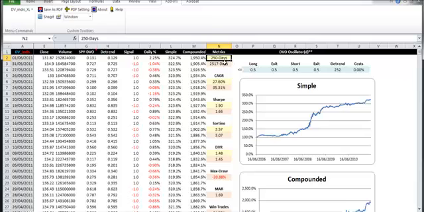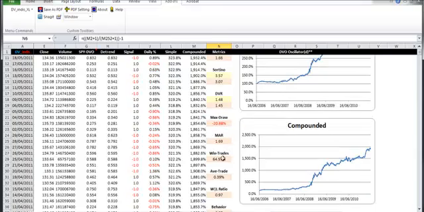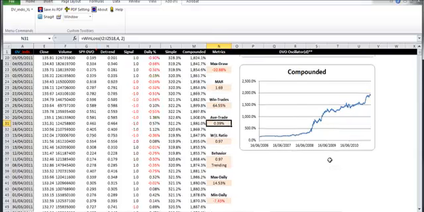And here we've got the performance metrics over 250 days and since inception, well, since about 2002. So you can see how it's doing in the longer term versus the shorter term, and then a number of risk metrics such as the Sharpe ratio, the max drawdown, the average percentage of trades that win, the average trade, and the average size of the winner to the average size of the loser.